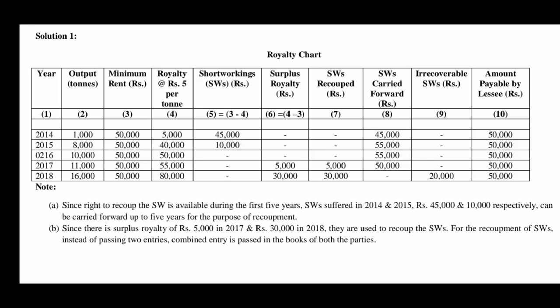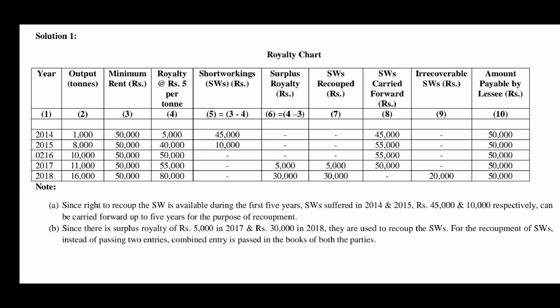That becomes irrecoverable, and therefore, this irrecoverable short workings will be treated as loss to the lessee and gain to the lessor. In the relevant year, they are transferred to profit and loss account.